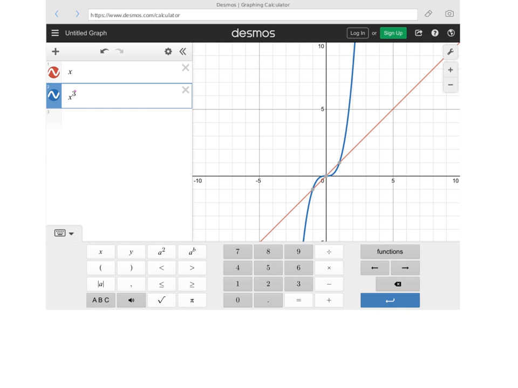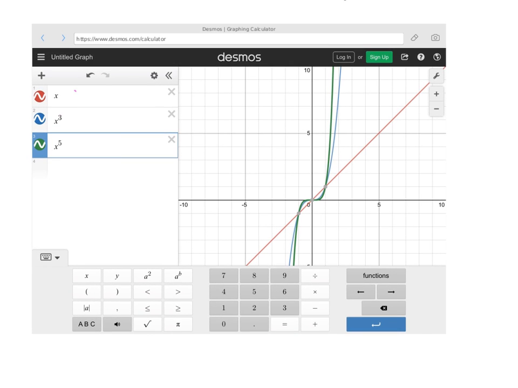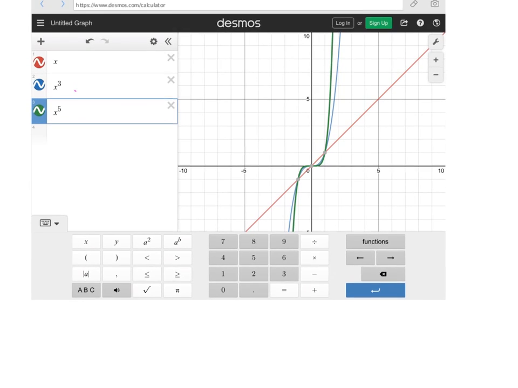Again, as you can see, it basically looks like an S shape. It also falls on the left, rises on the right. Let's try just one more odd power, x to the 7th. Again, it rises on the right and falls on the left. So as you were able to see, all of these basically behave exactly the same way.